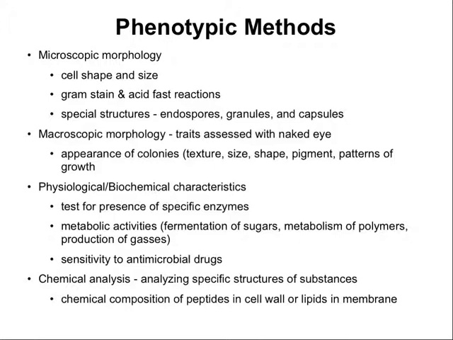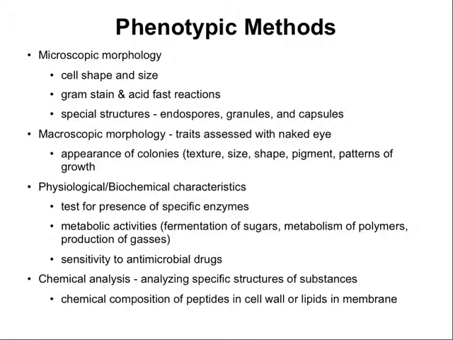We use diagnostic tests for determining the presence of specific enzymes and assessing the nutritional and metabolic activities. For example, their fermentation of sugars, how they metabolize different polymers, and what sorts of gases they produce. We can also test their sensitivity to antimicrobial drugs using some of the tests we examined early in the semester.